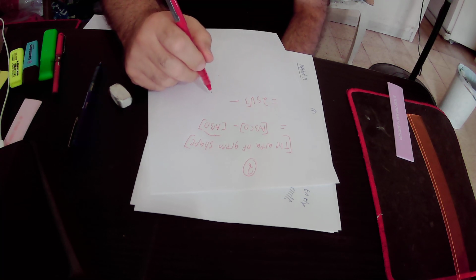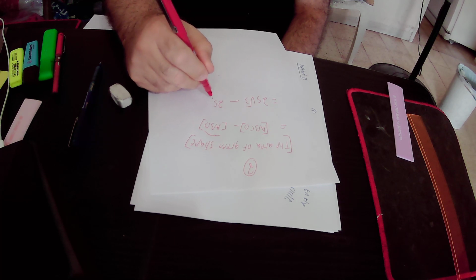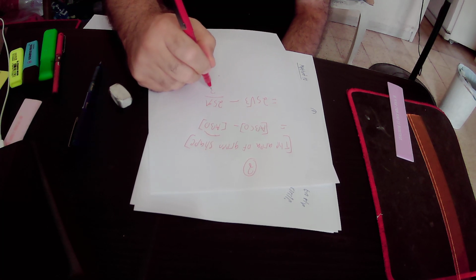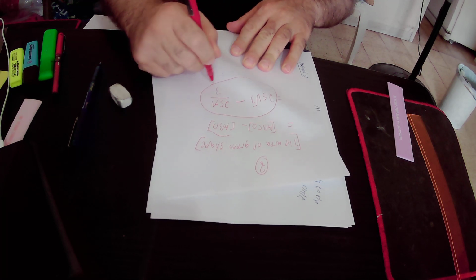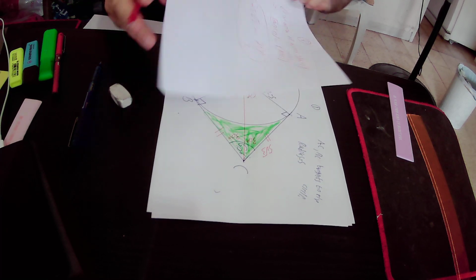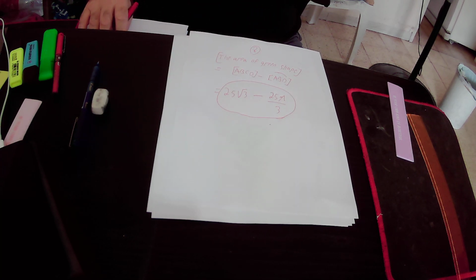We have already found out that the area of sector ABO equals 25 pi over 3. Okay, so we found out that the area of the green shape equals 25 times root 3 minus 25 pi over 3 square units.